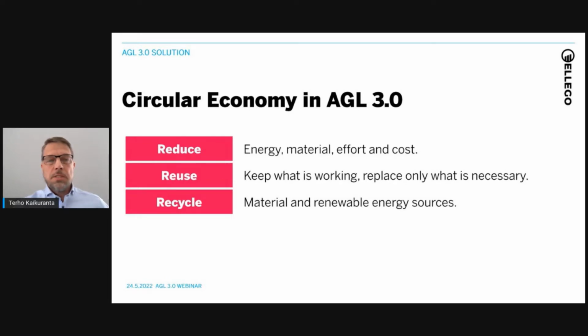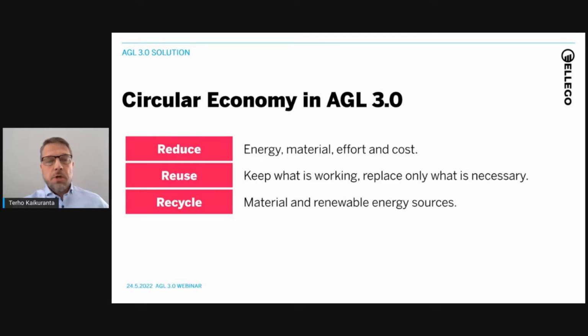And what this then means in AGL systems, especially in AGL 3.0: reduction will focus on the energy consumption, material consumption, effort, meaning mainly maintenance work and also investment efforts, and then operative cost.